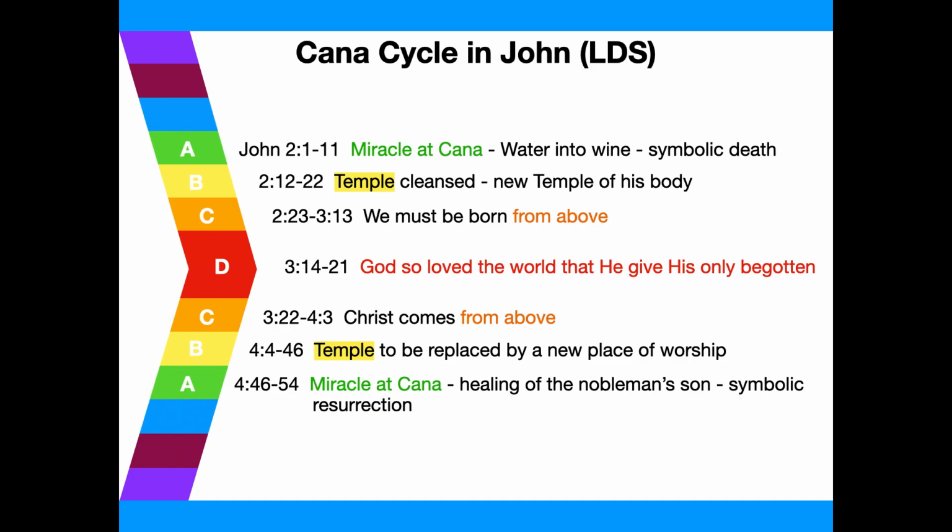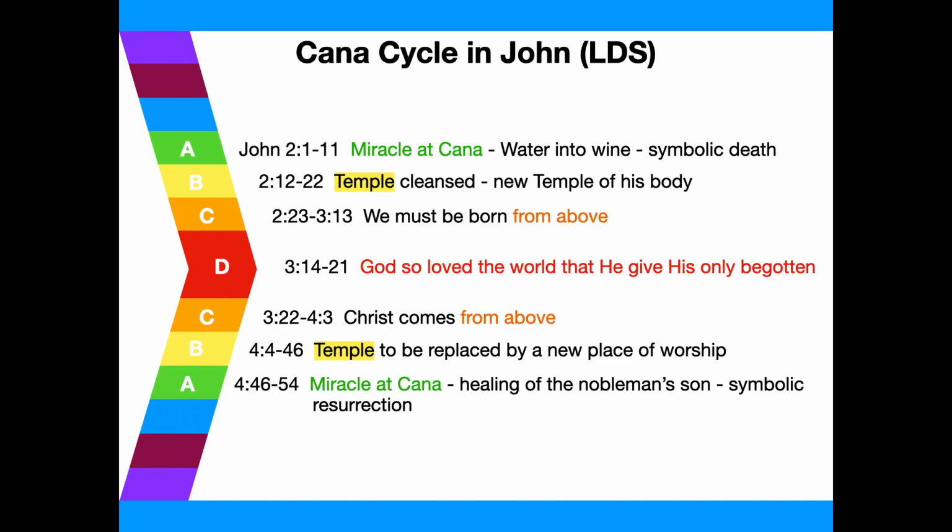Again, this isn't his whole gospel. This is just from chapters 2 to 4. But it's an overarching chiasm that encompasses multiple chapters. So the outer fins are the miracles at Cana, and then comes inward. He cleanses the temple, and the temple is to be replaced by a new place of worship.